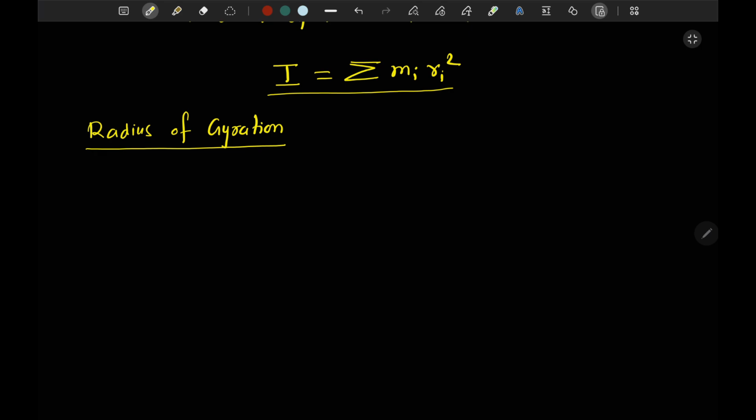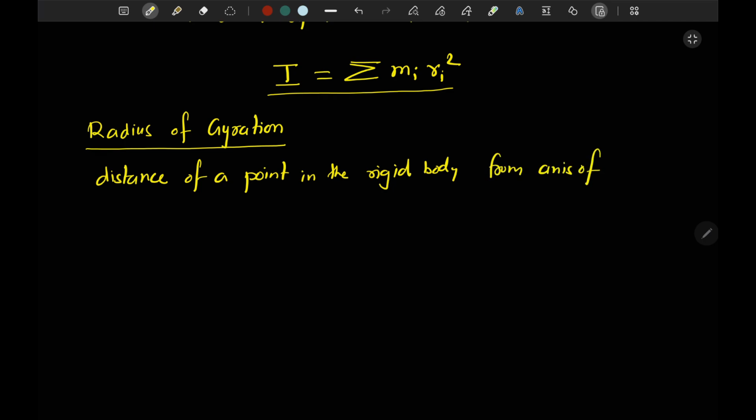This term is distance of a point in the rigid body from axis of rotation.